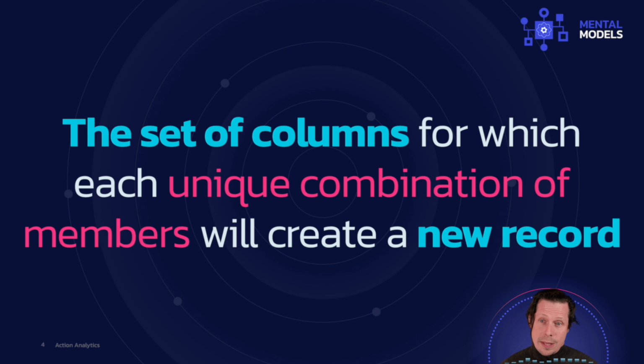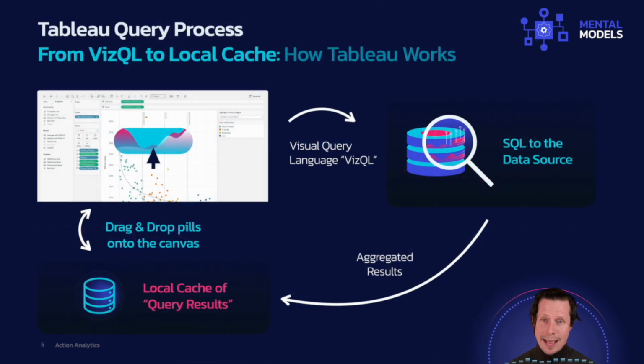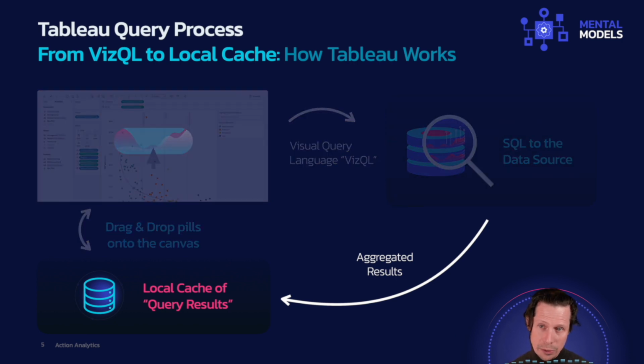It means that we're going to get one new record for each unique intersection of dimension members on the canvas. And each of those new records is created as an aggregate result set inside of the query results. This is just part and parcel of the way Tableau functions.